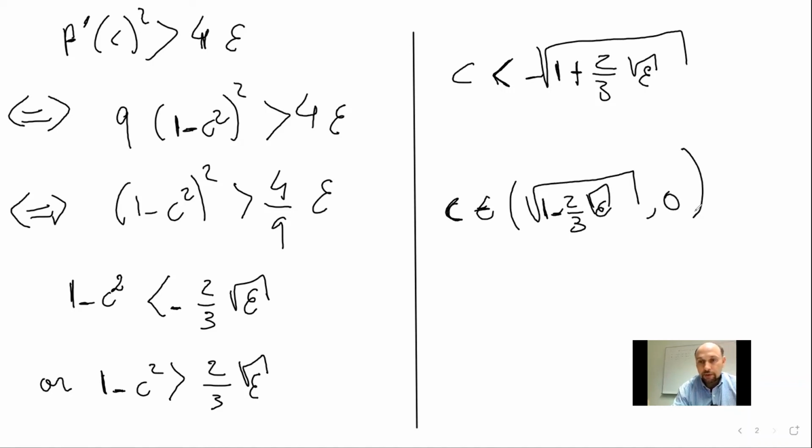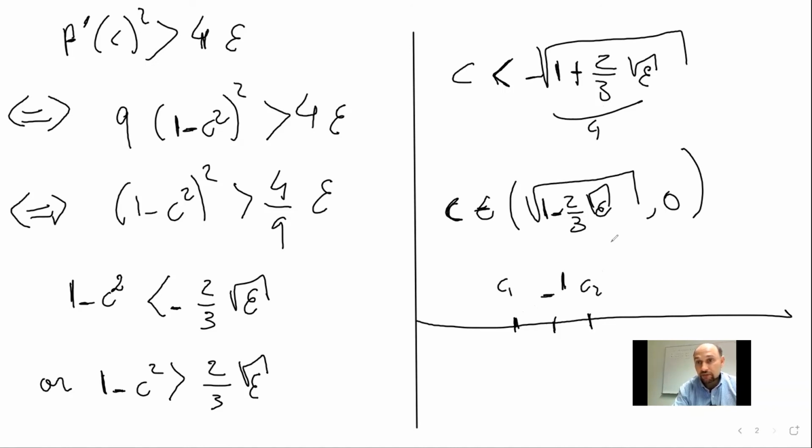All right. So finally, what I get, I have this value here. Let's call it, so here I have -1. Let's call this one C1 and this one C2. So this depends on epsilon.